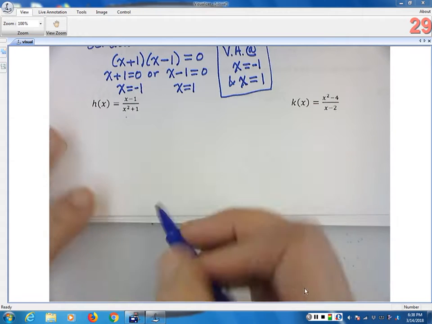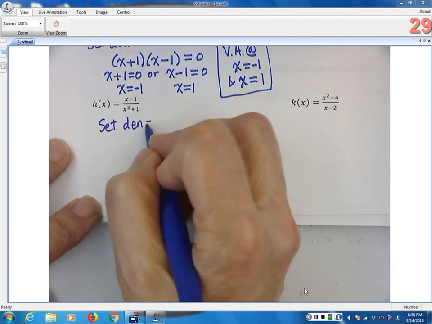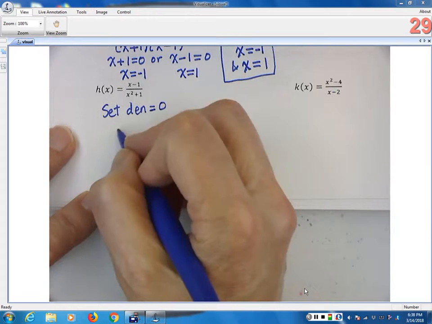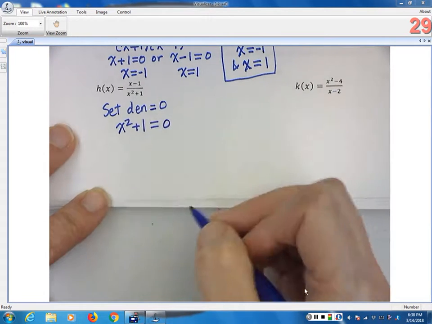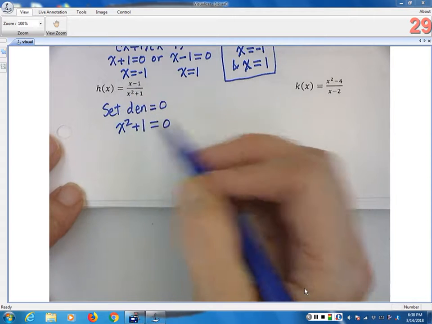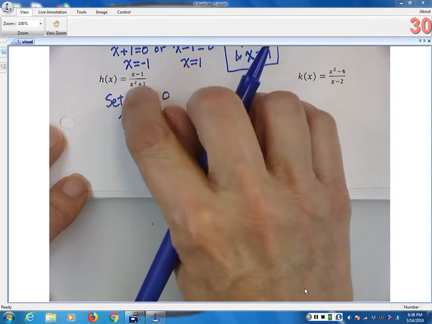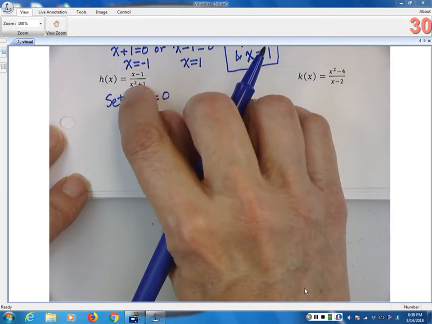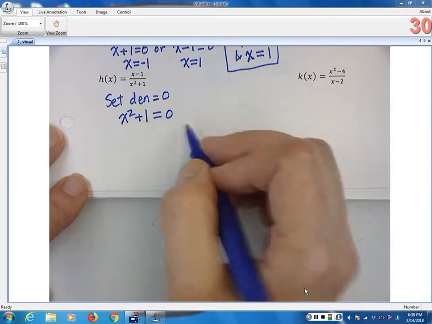Okay, so we set our denominator to 0, and I showed you that this doesn't factor, so we couldn't reduce anything, so nothing cancels. You can't cancel an x and an x here. You only cancel factors. This didn't factor.